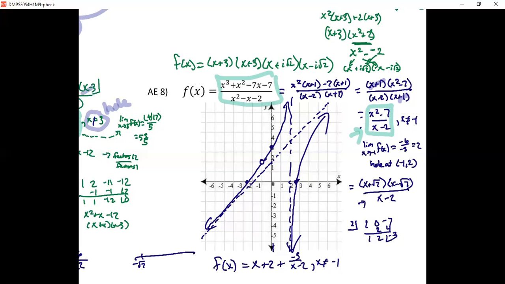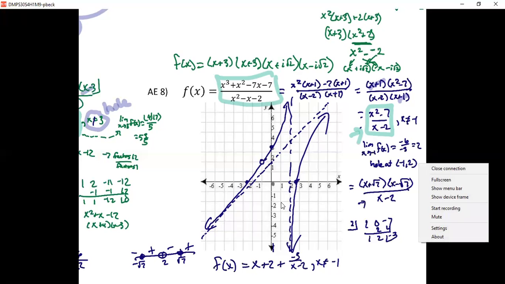I'm not including negative 1. I will have 2, and I will have the square root of 7. So checking my values would be negative, positive, and therefore I have my graph. So hopefully this was beneficial for you because you got to see my entire thought process as I did every single problem. Good luck to you, and have a great day.